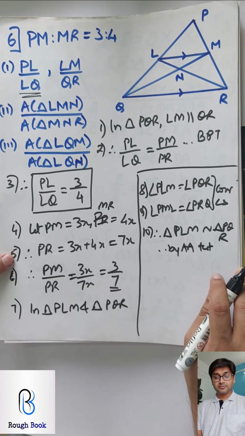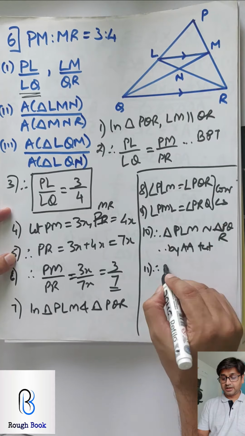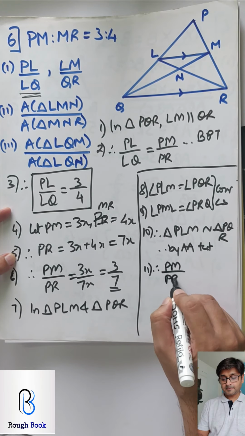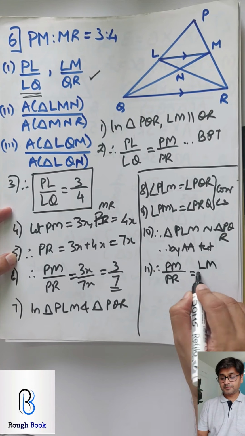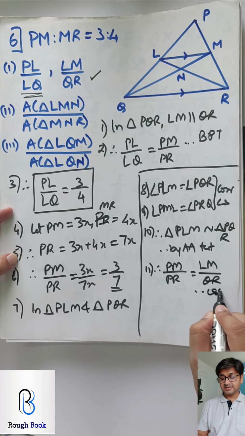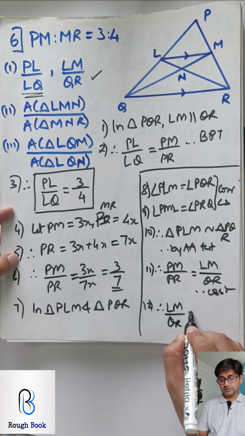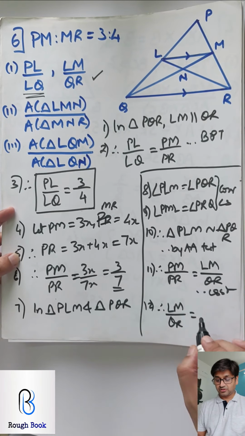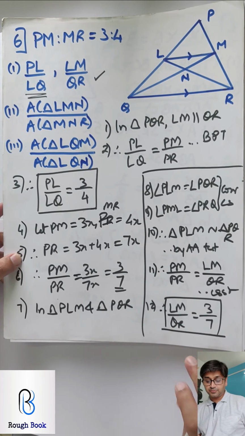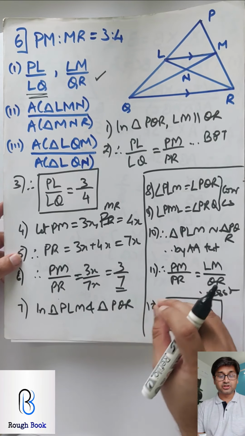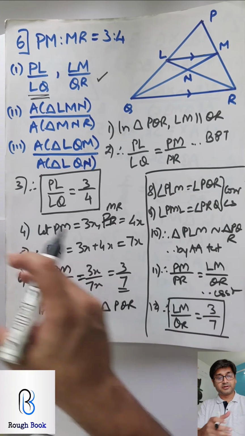Once your triangles are similar, now I can say PM upon PR is equal to LM upon QR, which is what I need, by CSST. And therefore I can say LM upon QR is PM upon PR, which is 3 by 7, and I get my second part. Wherever you get your parts, put boxes, so it becomes easy for the teacher to identify where your answers are and you can get your marks straight away.